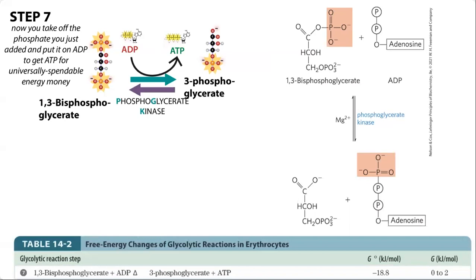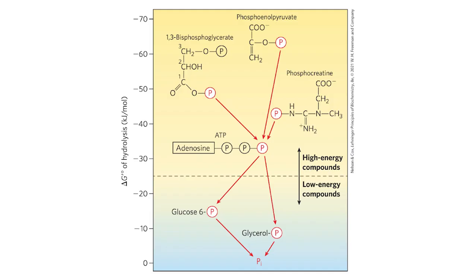So why could we do this? Well, it turns out that we're making a more energetically high energy phosphate bond than we would have with ATP. And so we're able to add this phosphate group onto ADP in order to get our 3-phosphoglycerate.